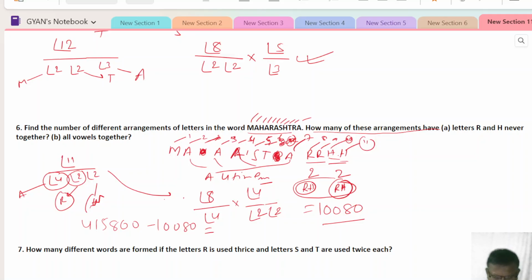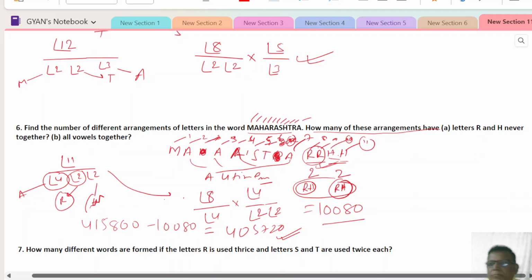So this will be the answer. What is equal to 40570. Here it means even R also cannot be together. So this is the answer.